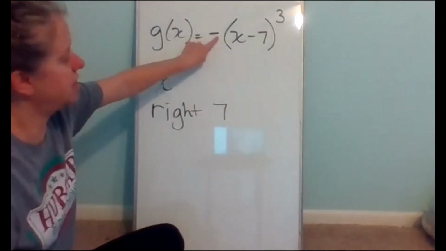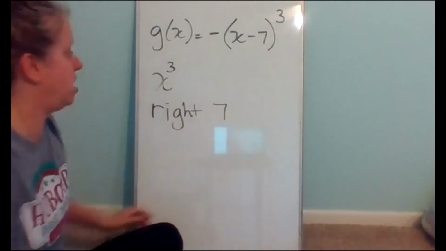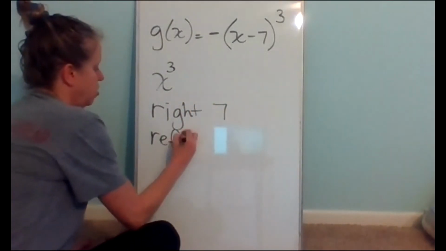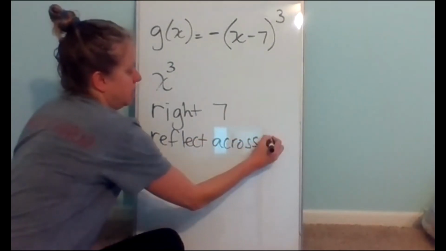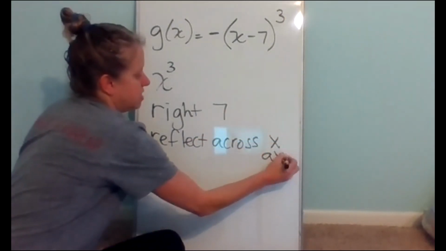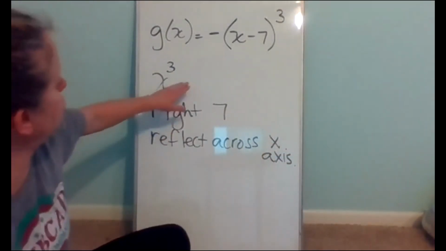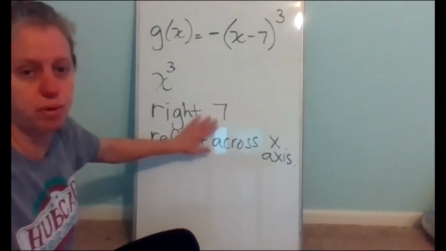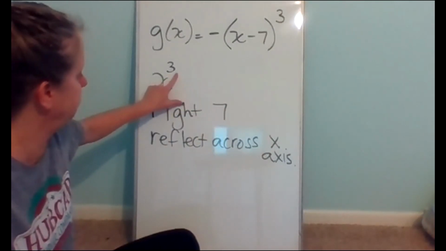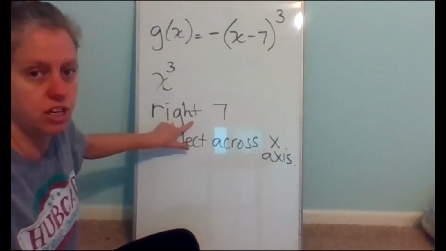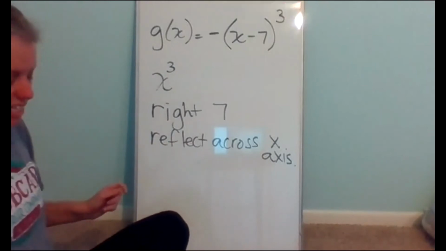And then this is the negative that's going to flip it upside down, or in other words, reflect across the x-axis. So those are the 3 things you have to answer before you graph it. It's going to be an x cubed graph. You're going to shift it to the right 7 and then reflect it across the x-axis.